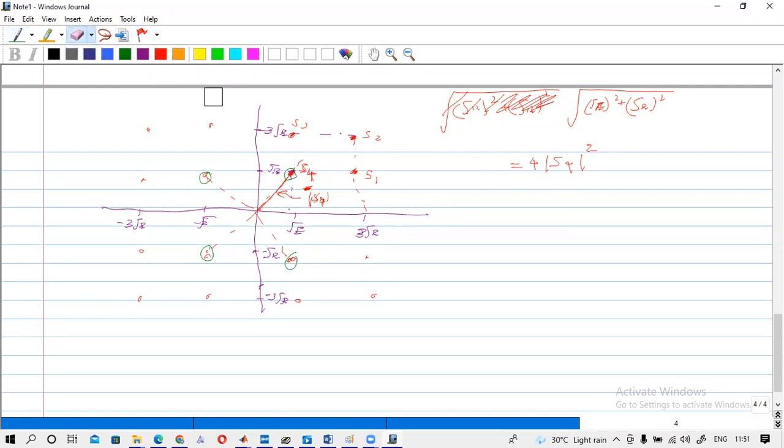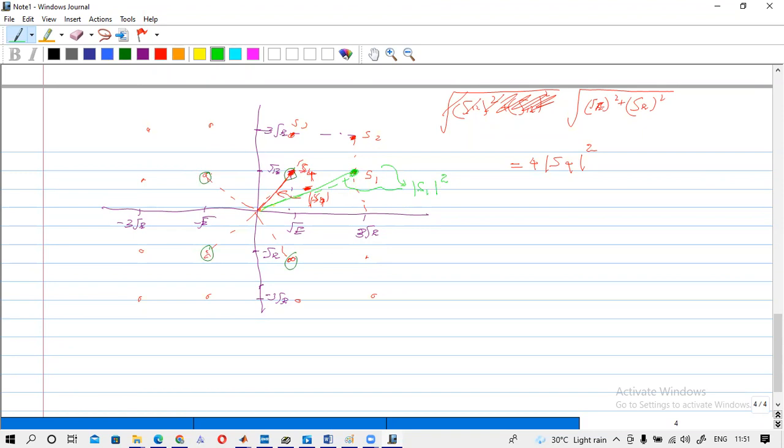In the same manner, I consider S1. So there is a distance from here to here, and I get the distance as the magnitude of S1. That is the amplitude of the signal, and I get the square of that, so that is the energy of symbol 1.